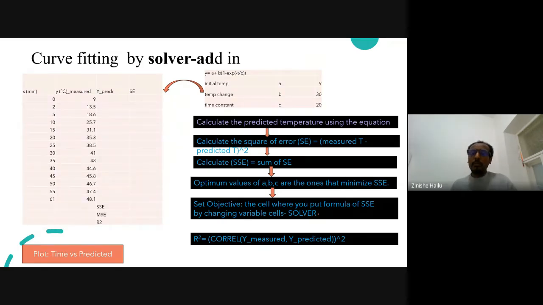After that, we go to the Solver in Excel. Later, in the practical, we'll see how it goes. And then finally, we'll compute the R square with the correlation of the measured value, comma, the predicted value, squared.